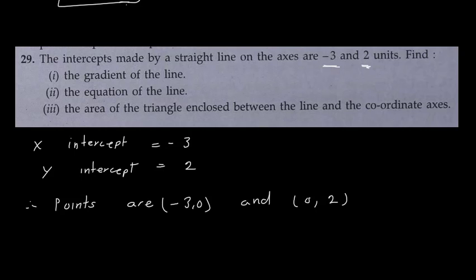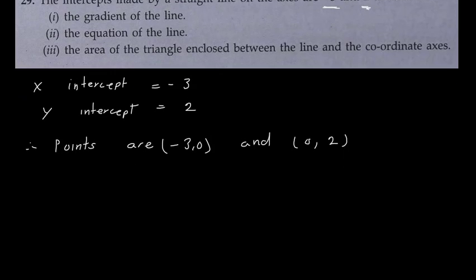So now we have points, we have to find gradient of the line. So therefore here slope, that is gradient, is equals to y2 minus y1, that is 2 minus 0, upon 0 minus minus 3, minus minus will become plus, so it is 2 upon 3, this is slope.